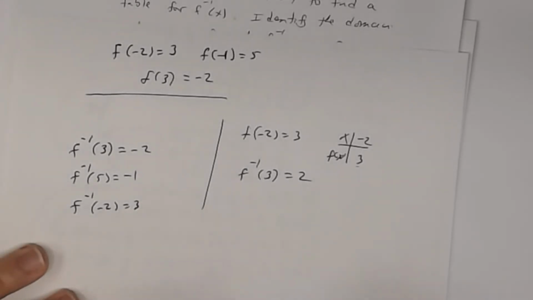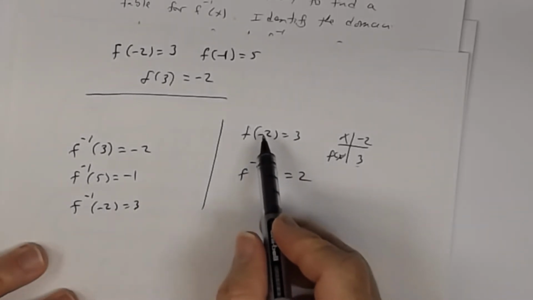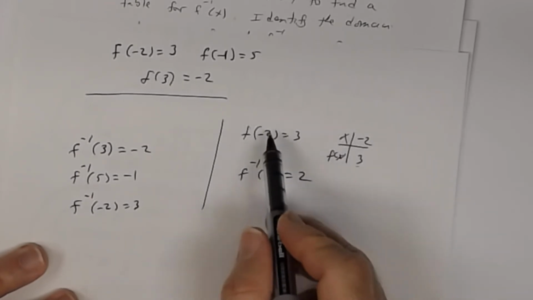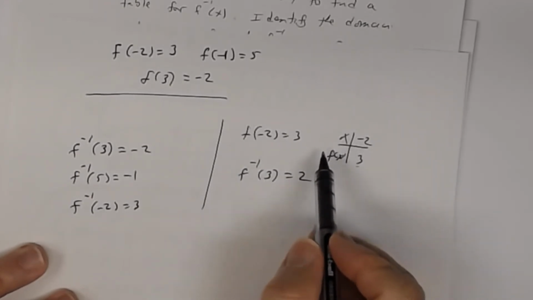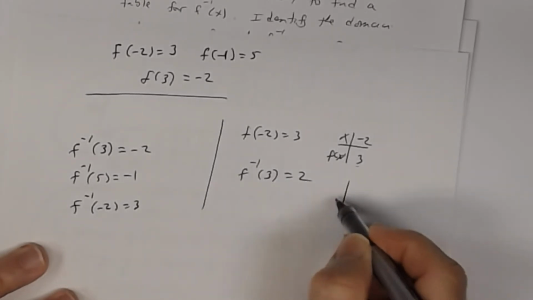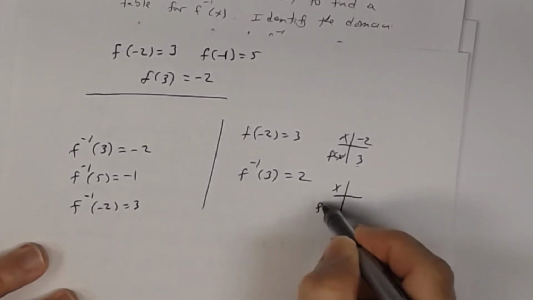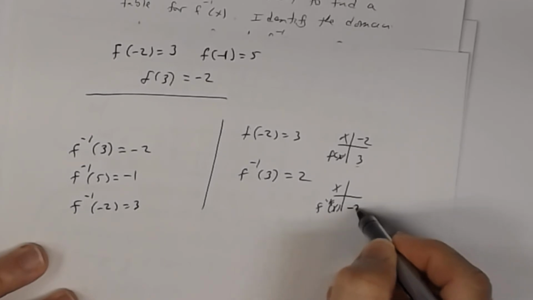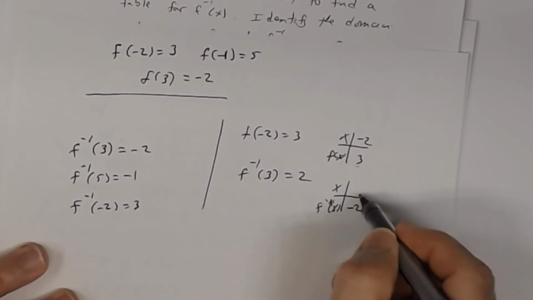All right, so let's discuss this again. Remember what this says. In terms of a table, this would imply that when x is negative 2, f of x is 3. If you were to create the inverse table, here's x, here's the inverse. Remember, the x becomes the y, and the y becomes the x.